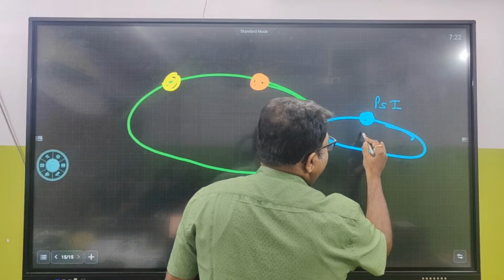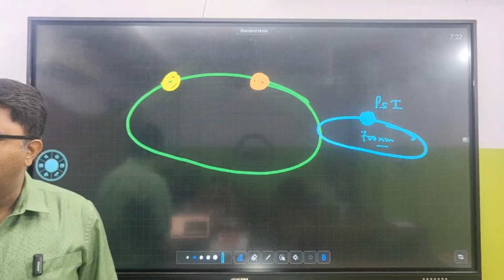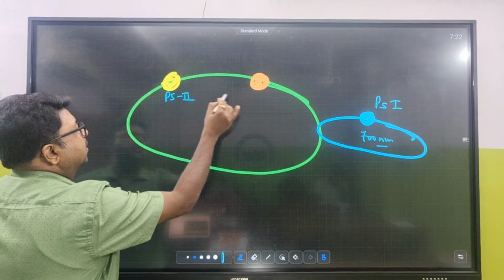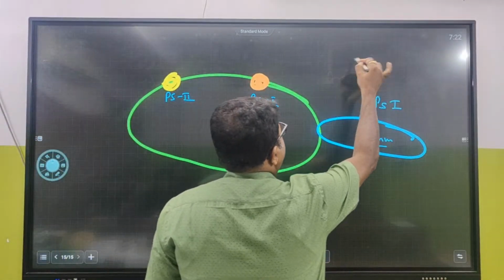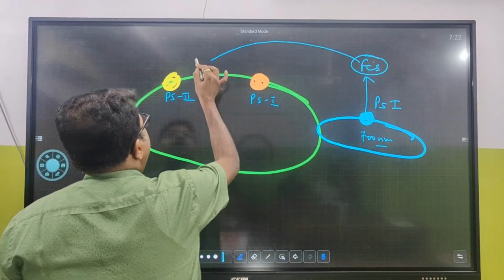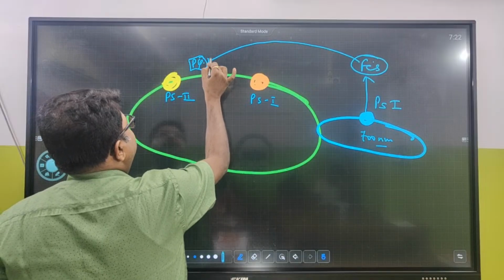So if the wavelength of light is more than 680 nanometer, which one is going to get activated? PS2 or PS1? Only PS1. So PS1 gets activated. FES is going to give the electron back to PQ.